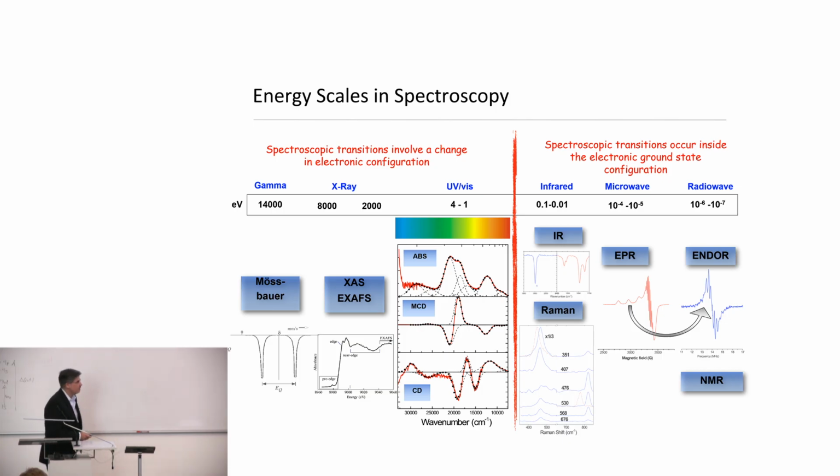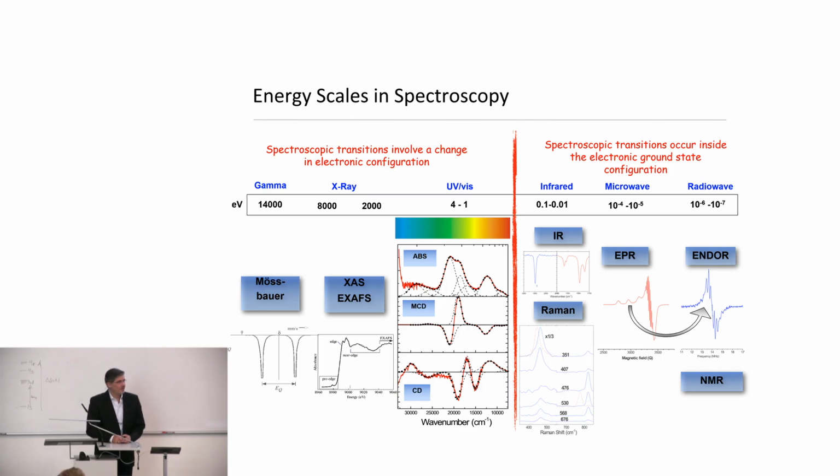And so to get it started, I want to go back to that overview that I gave you yesterday, and I explained to you that all spectroscopies here on the left side involve electronic excitations, and yesterday we spent a lot of time talking about what electronically excited states are, etc. And today we go to the other side.